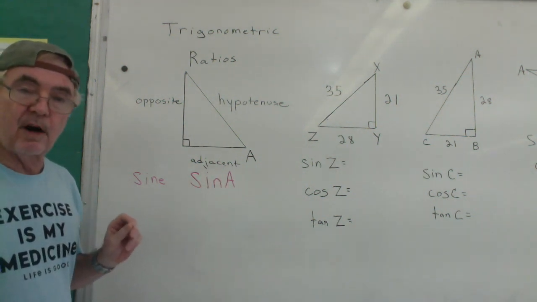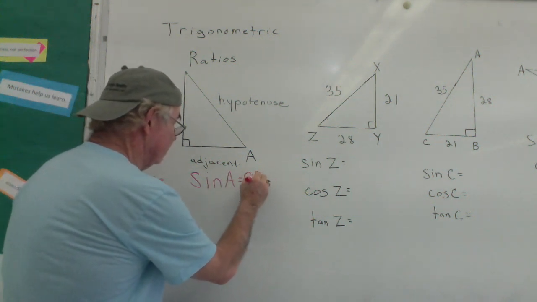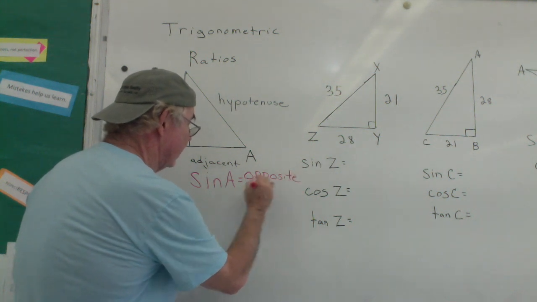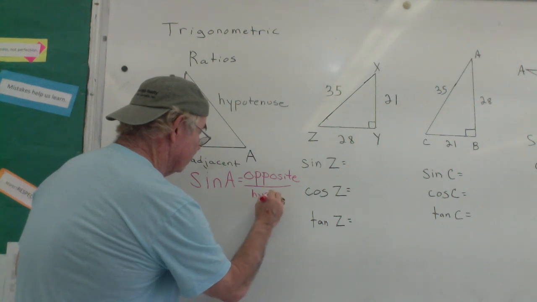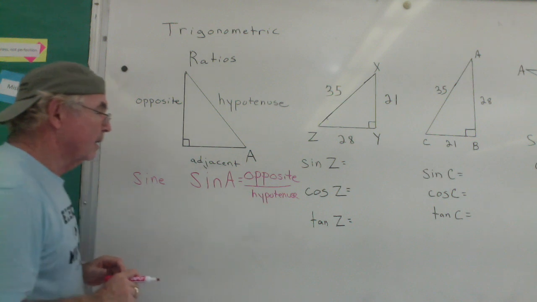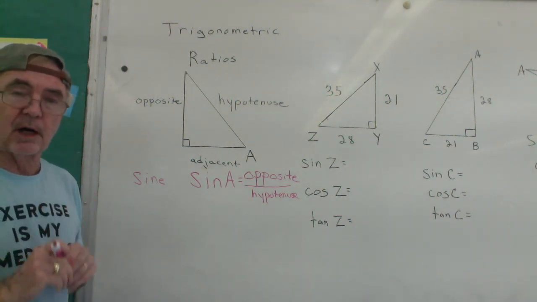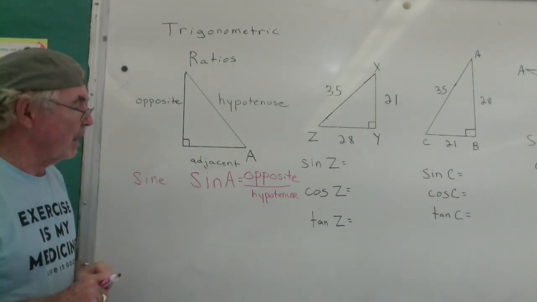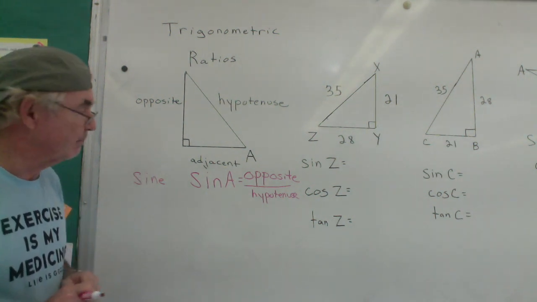The sine is defined to be the opposite divided by the hypotenuse. So you need to find a way to memorize that. There's a lot of different sayings out there that could help you.